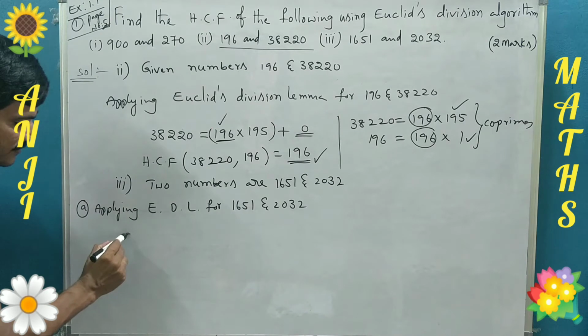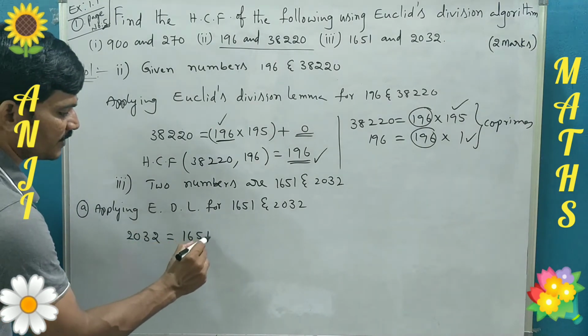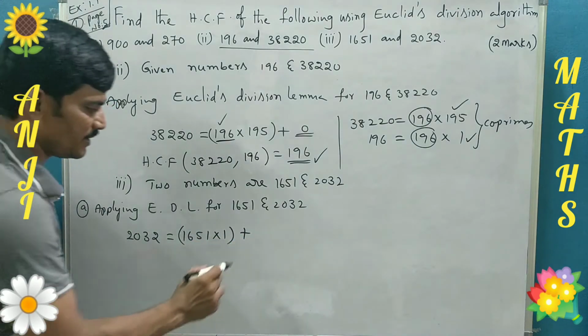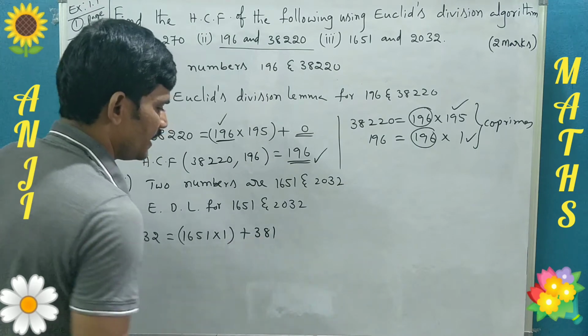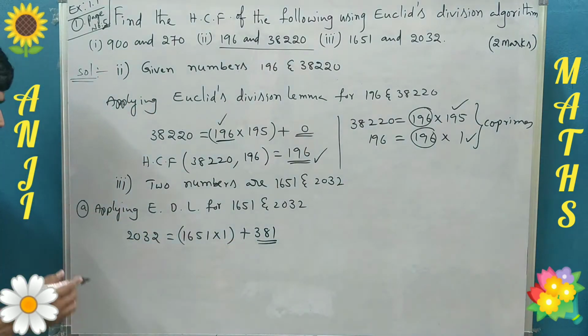How do you write it? 2032 can be written as 1651 taken one time plus remainder 381. As the remainder is not 0, we have to proceed to the second step.